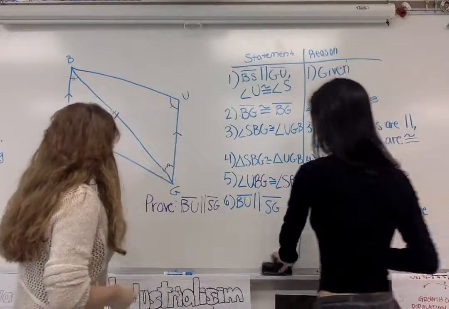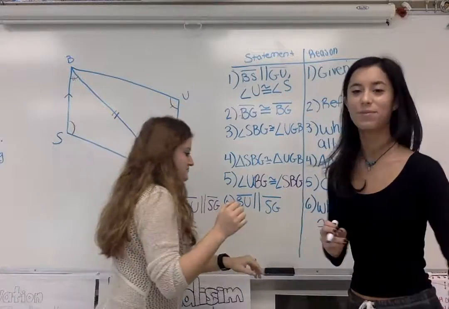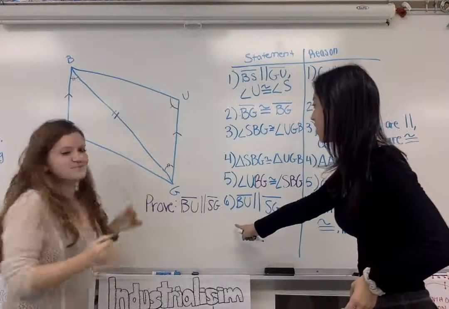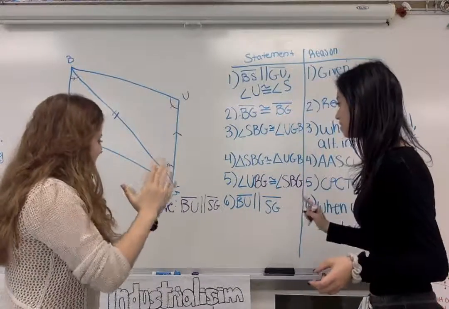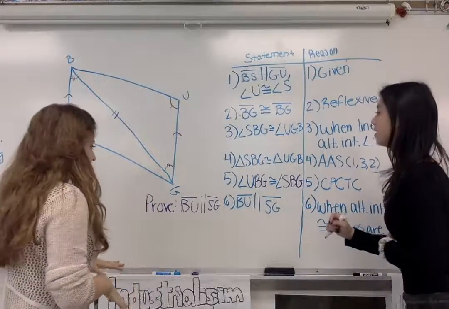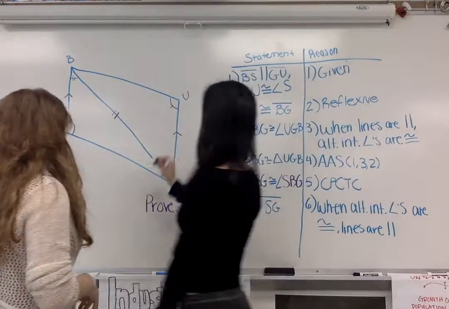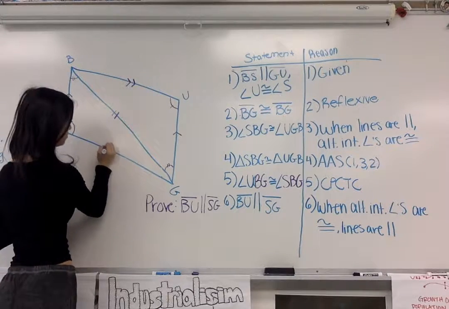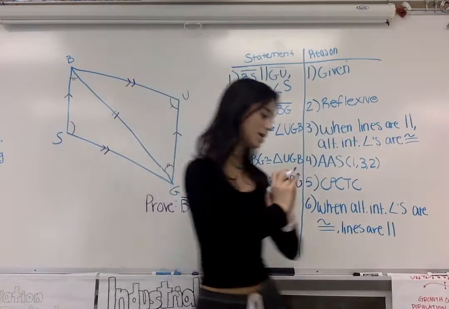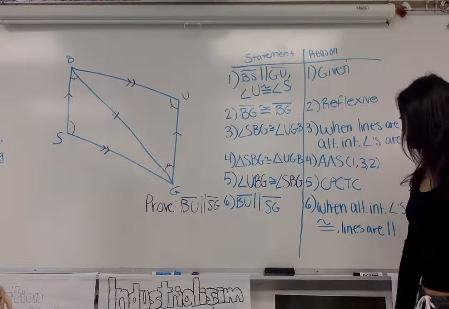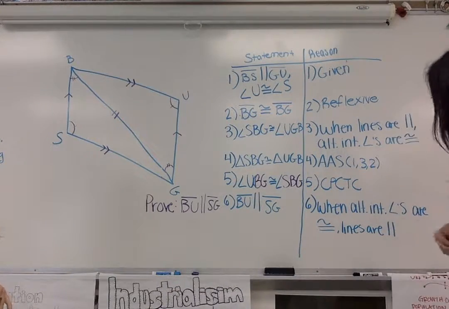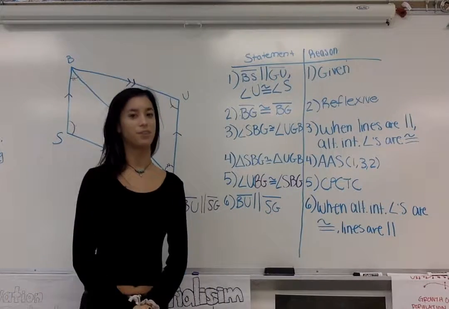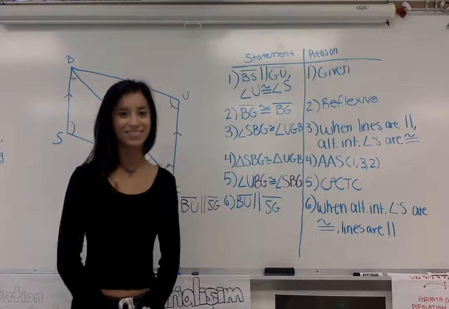So now, for our final proof, what we've been waiting for this whole time, was to prove this statement that BU is parallel to SG. This is because when alternate interior angles are congruent, lines are parallel.